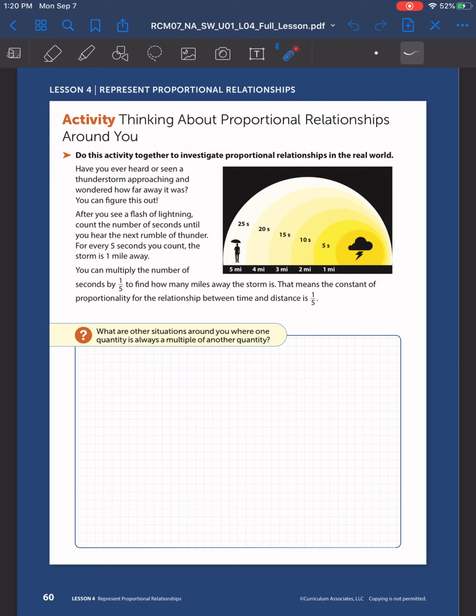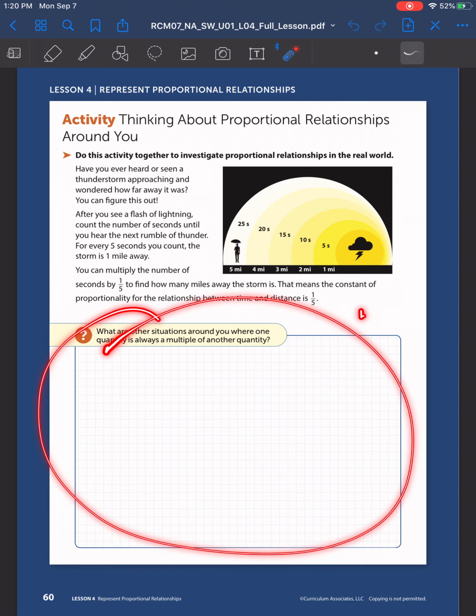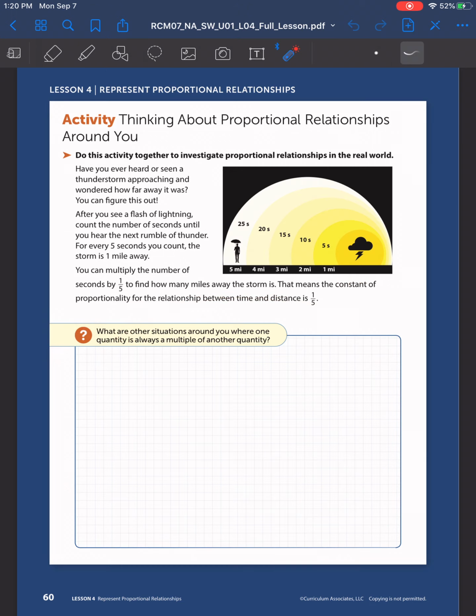You can multiply the number of seconds by 1/5 to find out how many miles away the storm is. That means the constant of proportionality for the relationship between time and distance is 1/5. I'm not going to have us do this part, but I wanted to read it because that is a constant of proportionality. It grows by the same constant, 1/5.